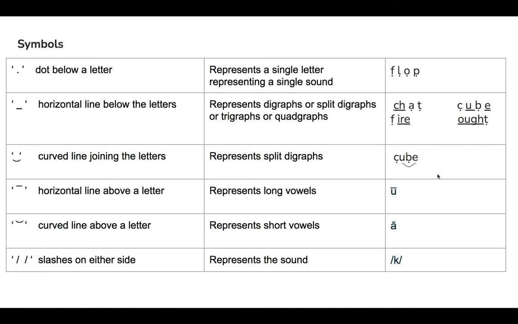And a curved line joining the letters represents a split digraph. A horizontal line above a letter represents long vowels, and a curved line above a letter represents short vowels. And we use slashes to indicate that it represents the sound of a letter.